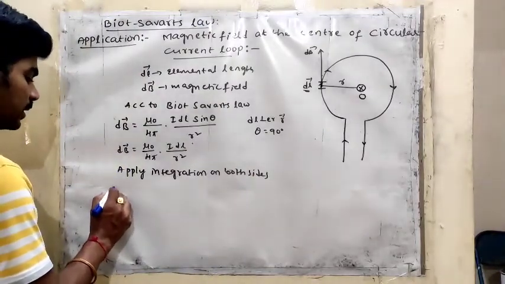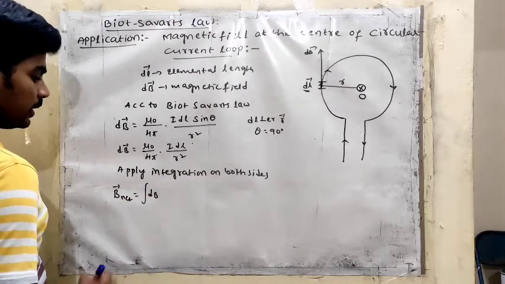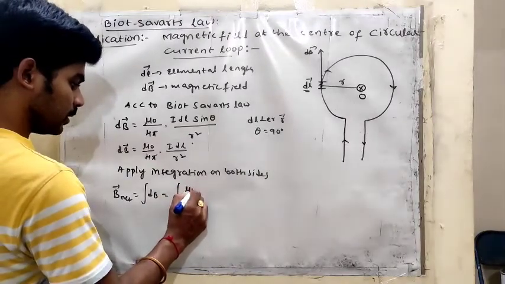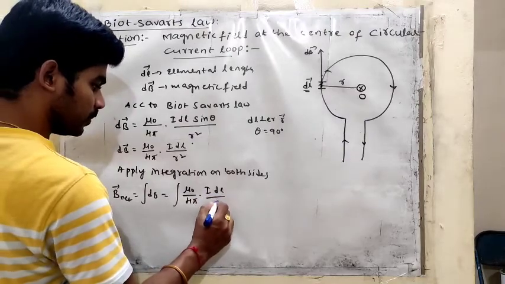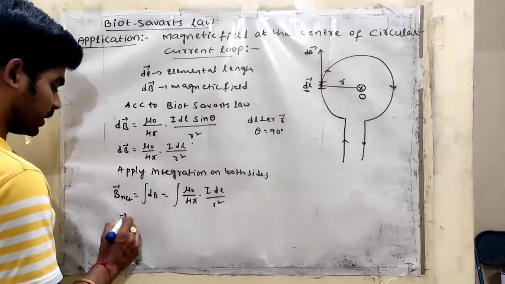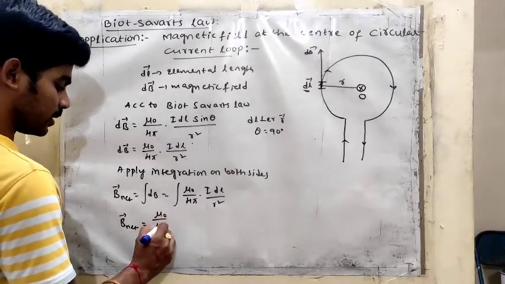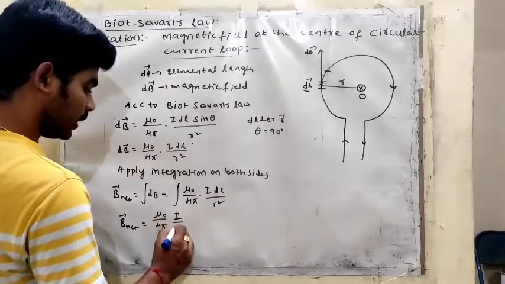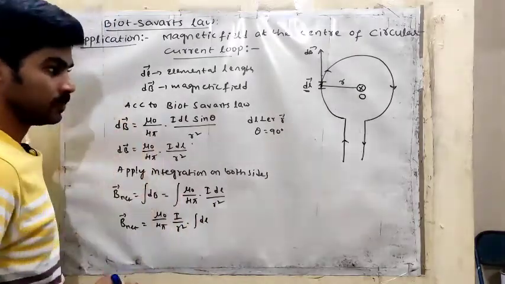So we get the net magnetic field. B net is equal to integral dB, which is equal to integral of mu naught by 4 pi into I dl by r square. Here mu naught by 4 pi is constant, and I by r square is also constant. Only the element dl changes.